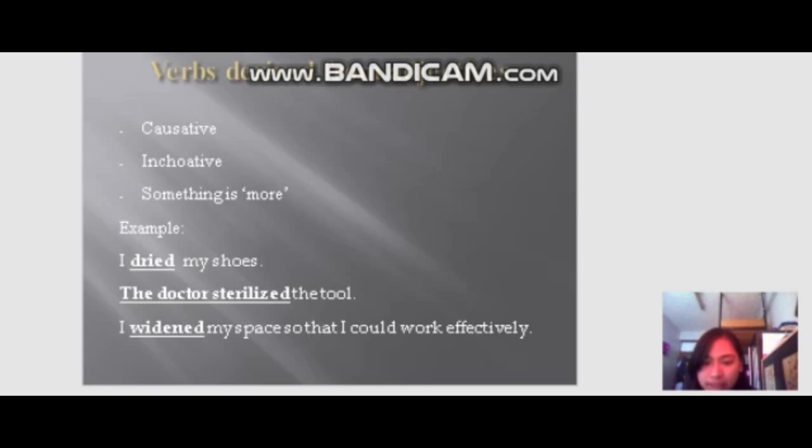And the last: I widened my space so that I could work effectively. So the word wide is originally an adjective. In the sentence, it becomes a verb. It is used to make something wider.